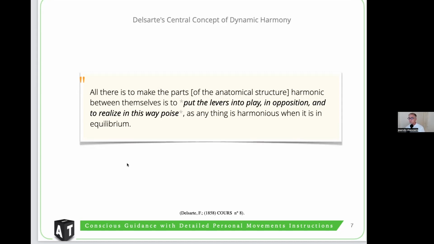So what Delsarte is saying is that all there is to make the parts harmonic between themselves is to put the levers into play in opposition and to realize in this way poise, as anything is harmonious when it is in equilibrium. Well. So here we discover that Delsarte is talking about the physics. He's talking about the concrete aspect of creating a gesture.